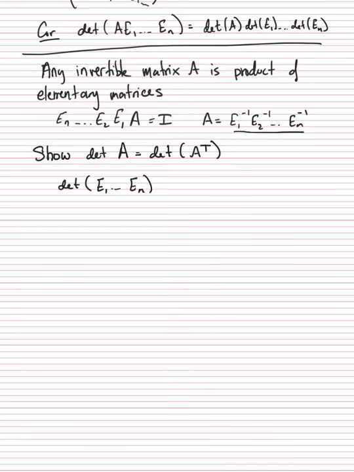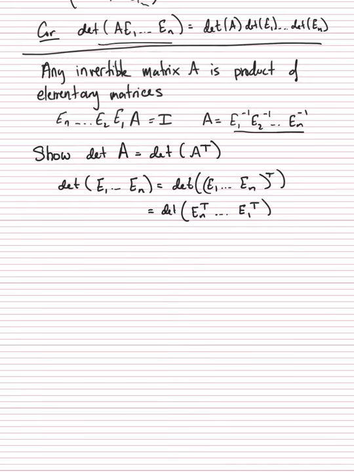Of course, these are really inverted, but now just call the inverses the matrices. So the determinant of E1 through En, the claim is that this is equal to the determinant of E1 up through En transpose. But this is the determinant of En transpose up through E1 transpose.